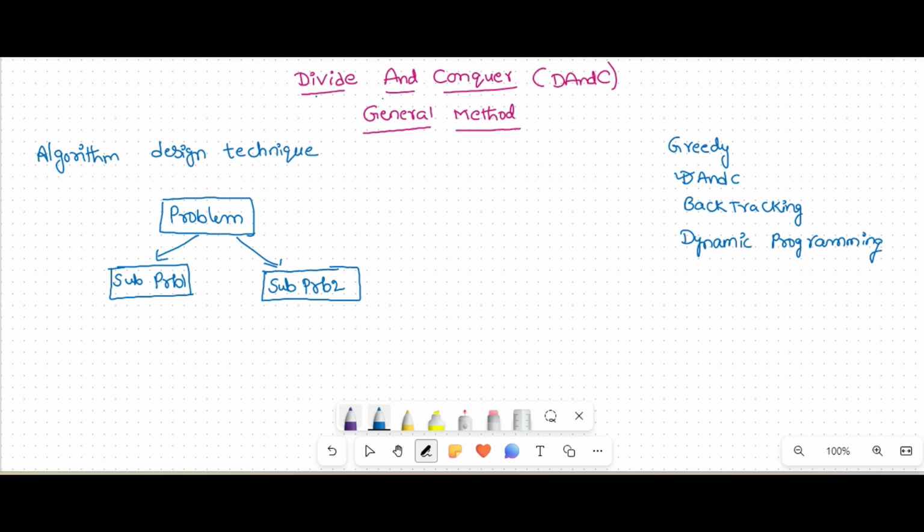If a sub-problem is small, there is no need to divide it into further sub-problems. If that problem is small, then find the solution for sub-problem 1.